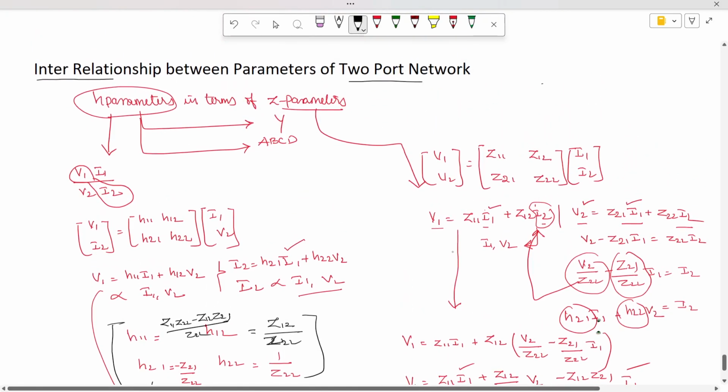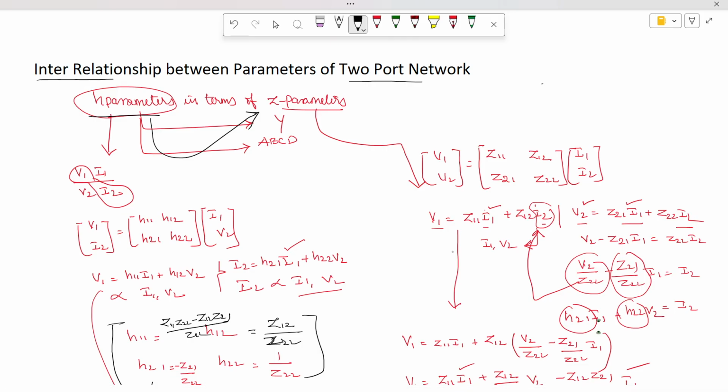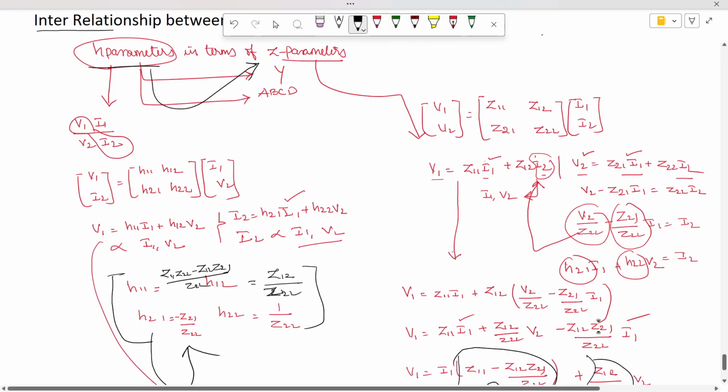What is the first derivation? H parameters in terms of Z parameters. This plays an important role. First, I will repeat the procedure. First, write down the given Z parameters as they are. After writing the Z parameters as they are, express this in terms of I1 and V2.